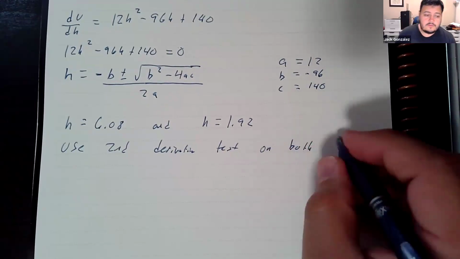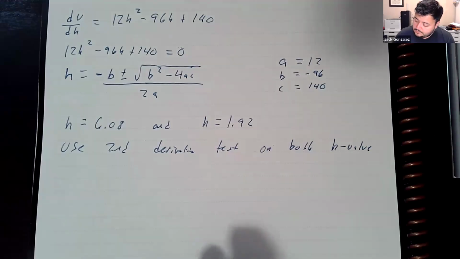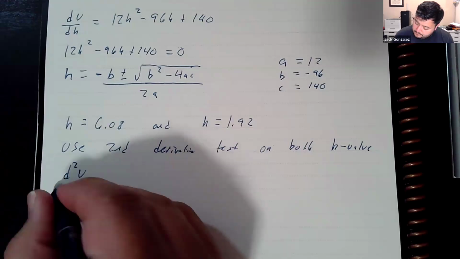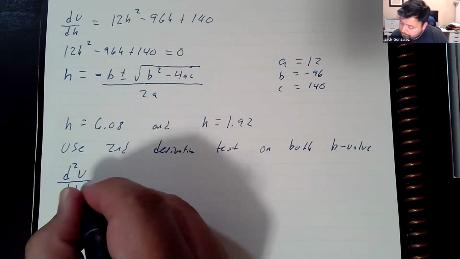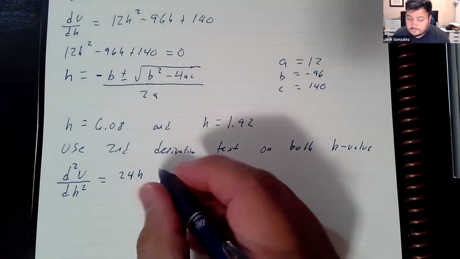So the second derivative is equal to 24h minus 96.